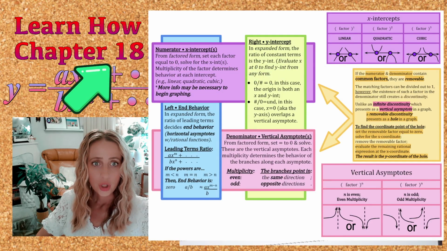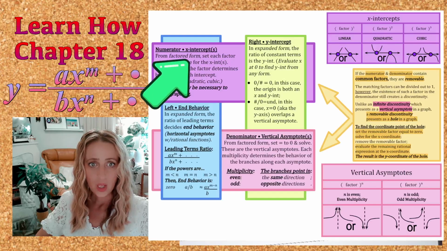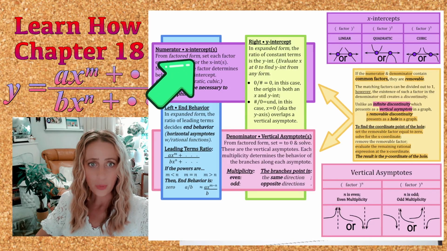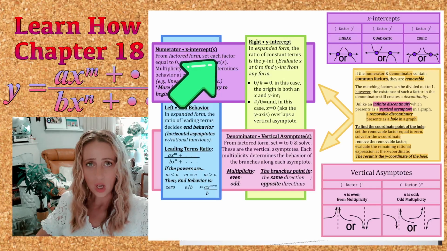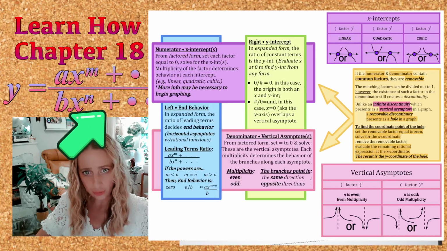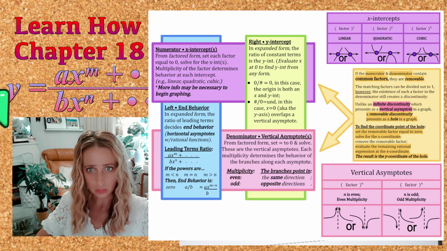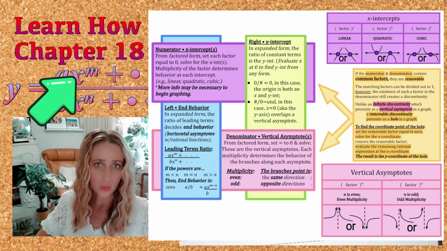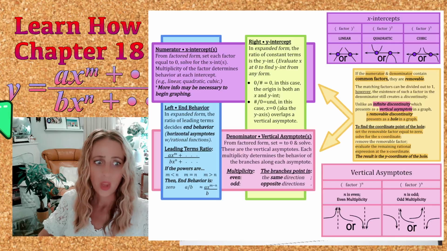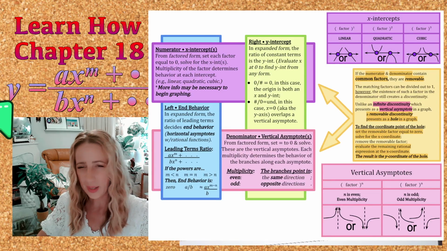Okay, so here in this chart, if you take the numerator of your rational function and put it into factored form, you set y equal to 0. When you want to know when a fraction equals 0, you want to know basically when the numerator equals 0. Why would we want to know when y equals 0? Well, y equals 0 on the x-axis.